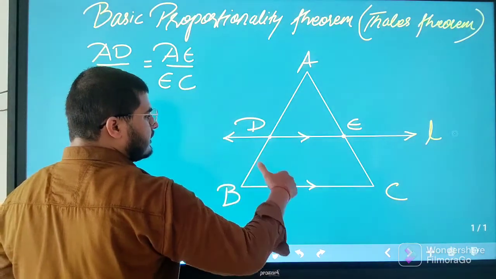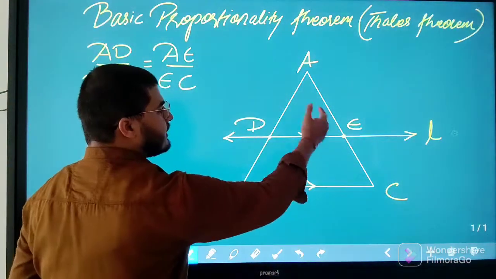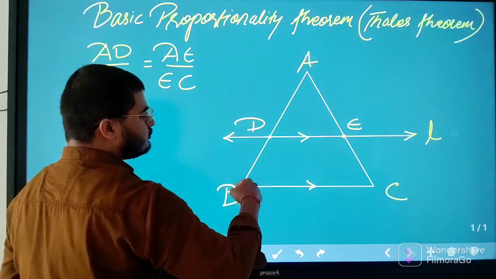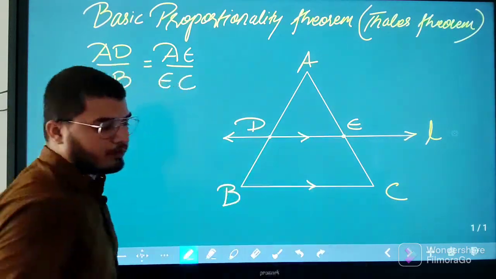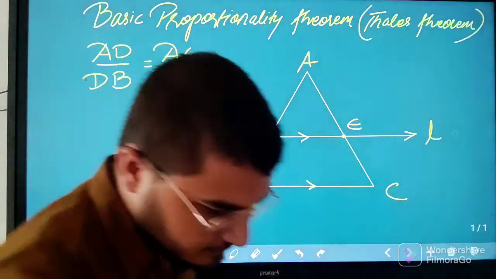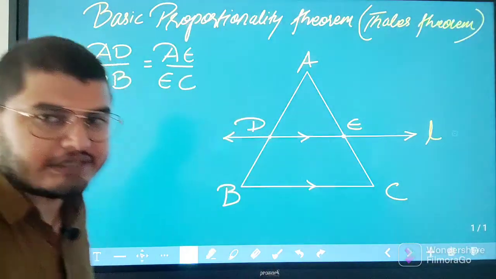Now it will intersect in such a way that the parts of the two sides will be proportional, will be in the same ratio. That is what Thales theorem says. AD upon DB is equals to AE upon EC.